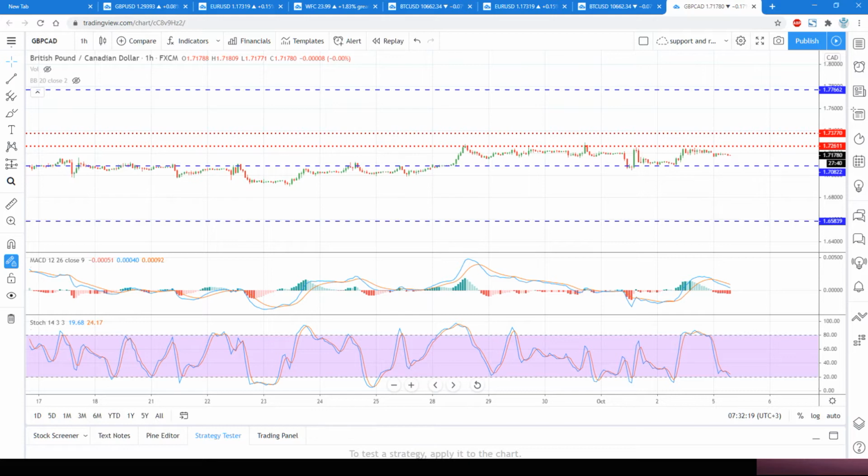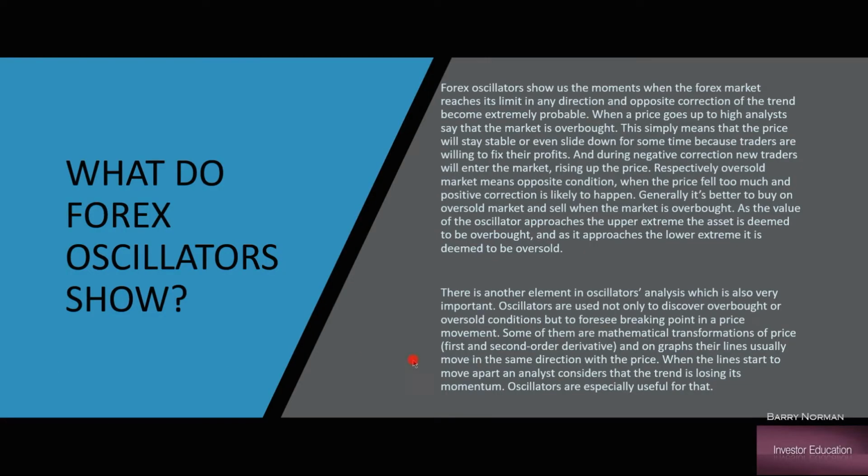And that's an important piece of information. Okay. So this simply means that the price will stay stable or even slide down for some time because traders are willing to fix their profits. And during negative corrections, new traders will enter the markets.